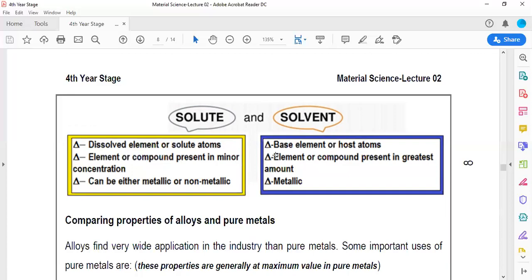Again, we're saying that minor concentration, يعني تراكيز قليلة, and the solvent element or compound present in a great amount. Last point, the solute can be either metallic or non-metallic. Remember, when we have a solid solution, as we said many times, solvent is always metallic, and the solute could be metallic or non-metallic.